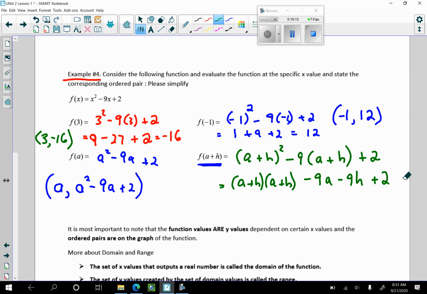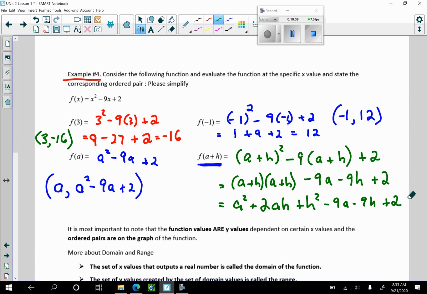And now I have to multiply these two binomials together, which is going to be a squared. I'm using the FOIL method. ah plus ah is plus 2ah plus h squared minus 9a minus 9h plus 2.